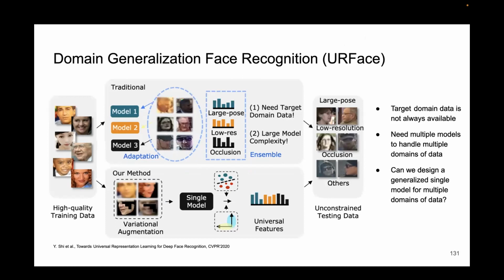So what's our solution, or how do we want to target the problem from our perspective? We want to build a generalized single model to resolve as many of those variances as possible. And how do we achieve this? Let me briefly introduce the detailed implementation of this novel pipeline.